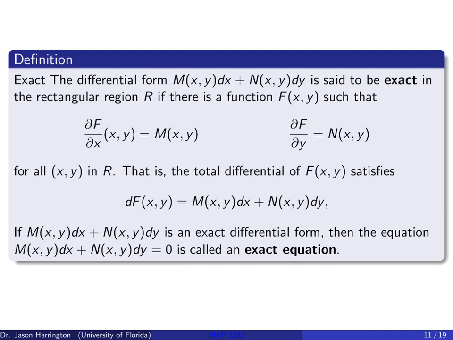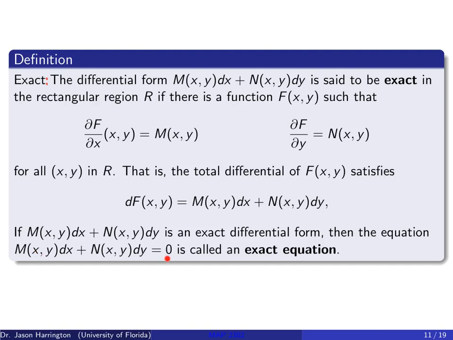But what exactly is an exact equation? So this is your definition. I forgot to put a little colon here. The differential form, M(x,y) dx + N(x,y) dy, is said to be exact in the rectangular form if there is a function f such that the partial of f with respect to x is equal to M, and the same function, if I take the partial derivative of f with respect to y, I get N. And that is that the total differential of f satisfies this condition.